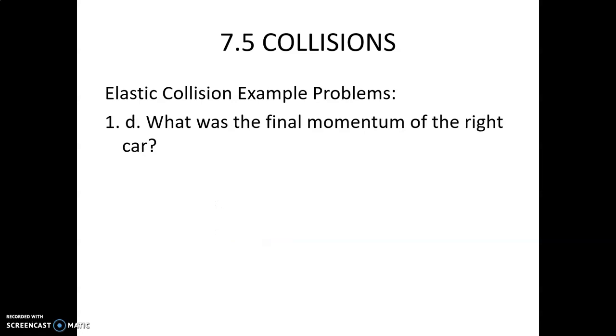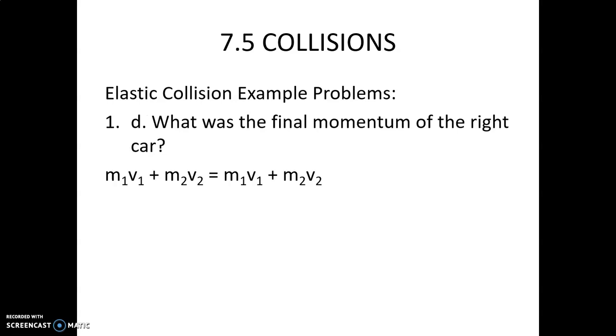Letter D, what was the final momentum of the right car? Now we weren't given the velocity of the right car, but we can figure out the momentum based on the momentum of the left car. So here is a formula that you'll use quite a bit for elastic collisions.